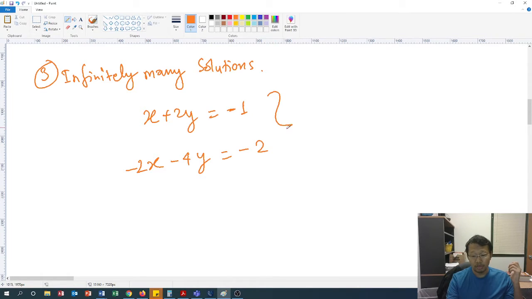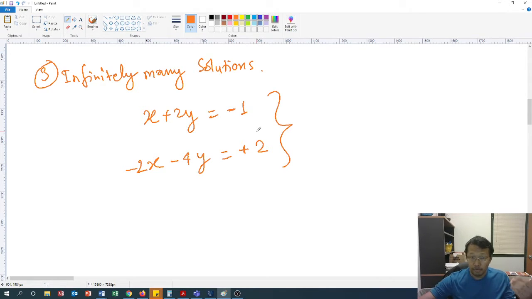So these two equations overlap with each other, and you can see that they are dependent upon each other, right? Meaning there's some kind of relationship between these two. If you just multiply this by 2, negative 2, so I think this should be positive, you will see that they are actually the same lines, but expressed in two different ways.